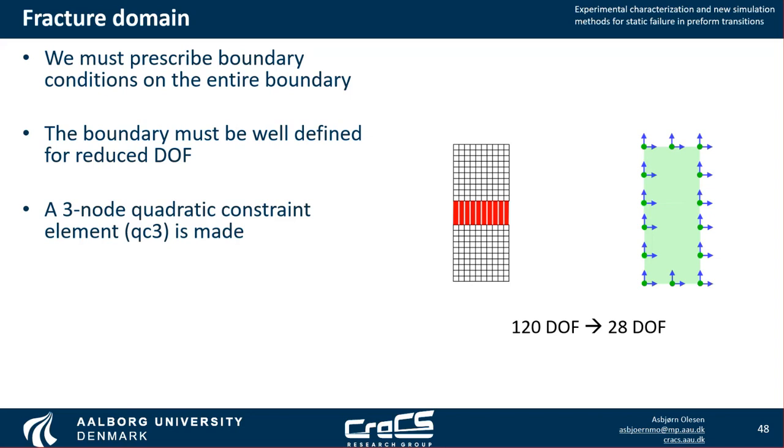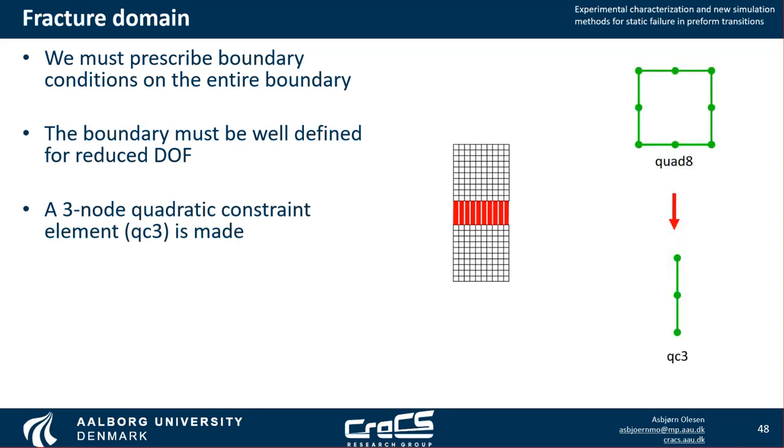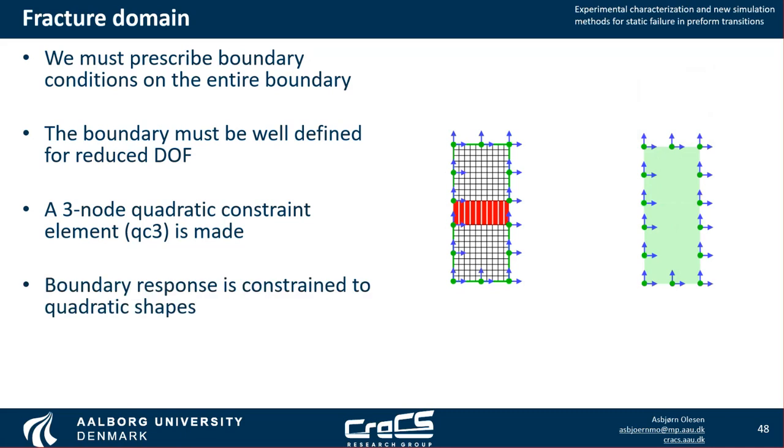To do so, we've developed a constraint element, and this is based on a quadratic 8-node element, which we collapse into this single line 3-node element. And what this does is that once we tie such elements to the boundary, fix them to our model, we constrain the response that the boundary can do to expected shapes.